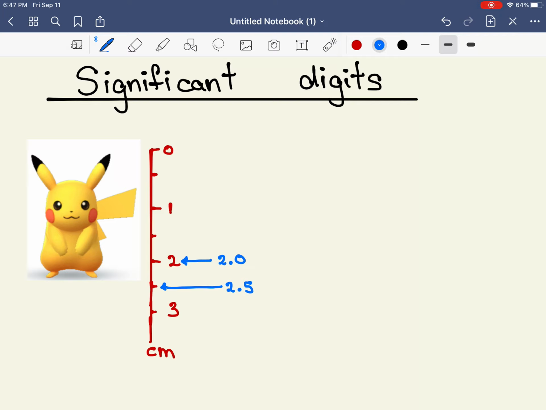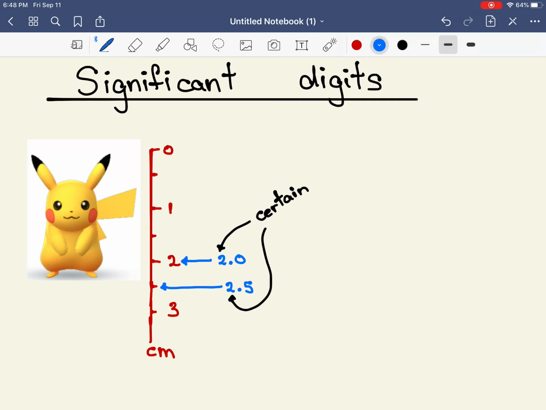That's certain. So what you can be certain about is the 2. This has a certain confidence in it, that 2, I'm sure. What I am not sure about is the first decimal point.